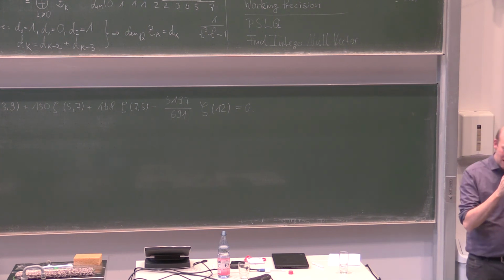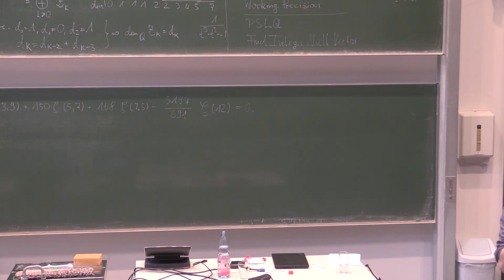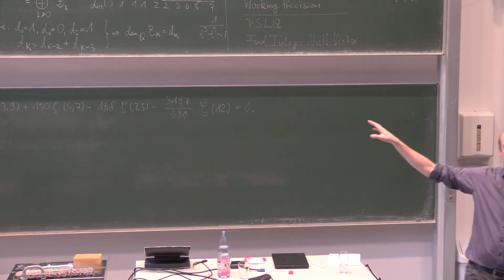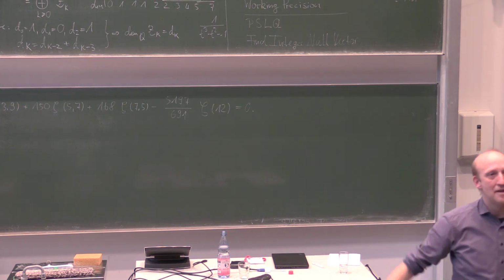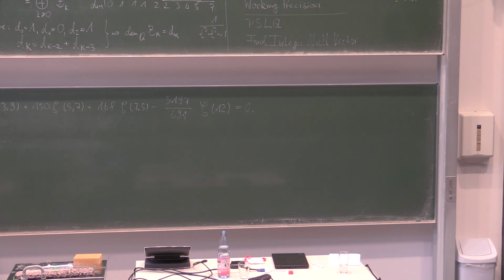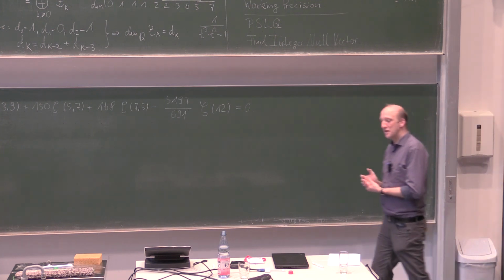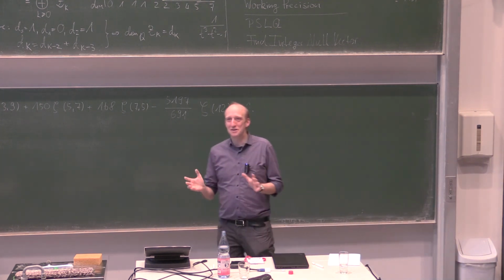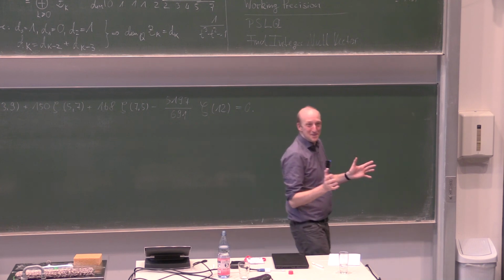One could ask, is there a multiple zeta value which can be written as a linear combination of single zeta values? The answer to that is yes. We have, for example, zeta 3 equals zeta 1,2, the example I wrote down. But if one would ask, can any multiple zeta value be written as a combination of single zeta values, the answer so far is no, and I think it's pretty safe to assume it's no.